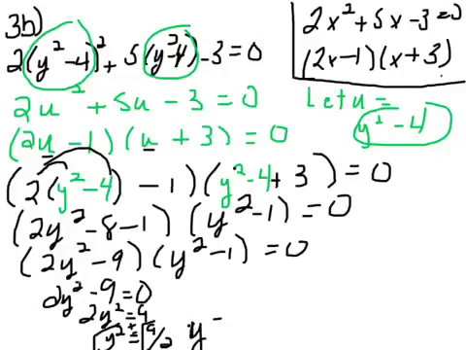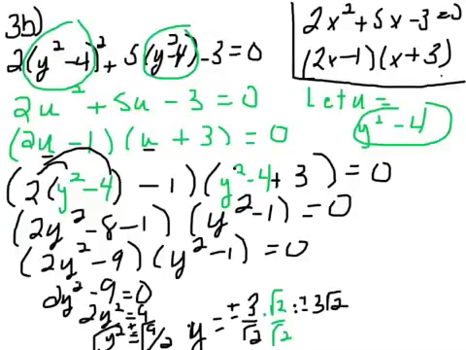So we would get y equals plus or minus. Now, the square root of 9 on top would be 3, but on the bottom I'd have the square root of 2. And I would need to rationalize that by multiplying by square root of 2 over square root of 2 to make my answers presentable. And so that would give me plus or minus 3 square roots of 2 over 2. Those are some of my answers.